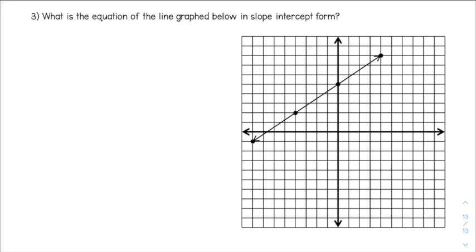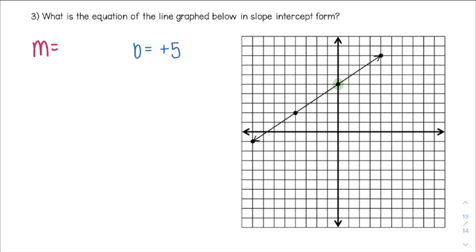Okay, so what I'm going to do is find my slope and my y-intercept. My y-intercept is at this point, which is 1, 2, 3, 4, 5. It's a positive 5. So let's see. I'm going to go rise over run.